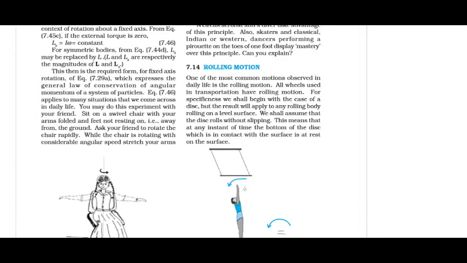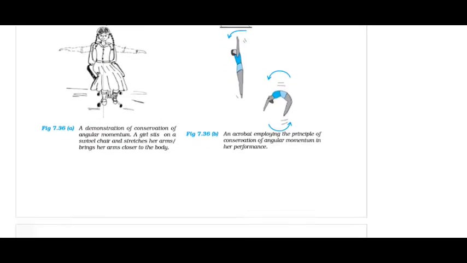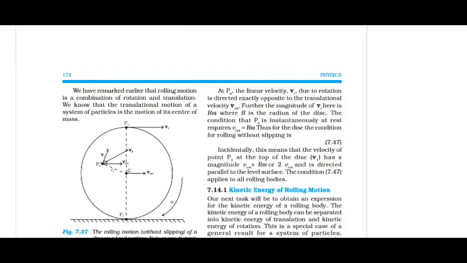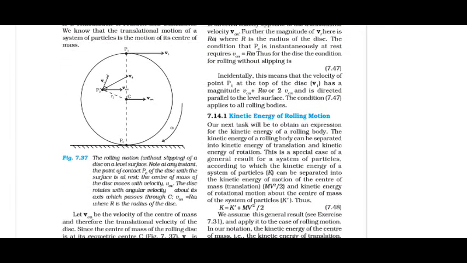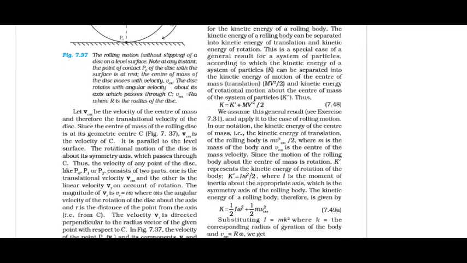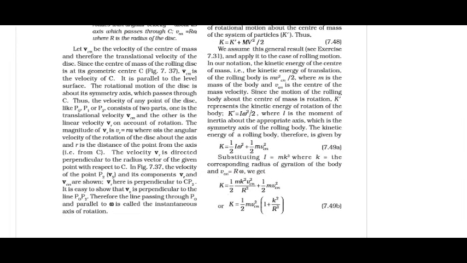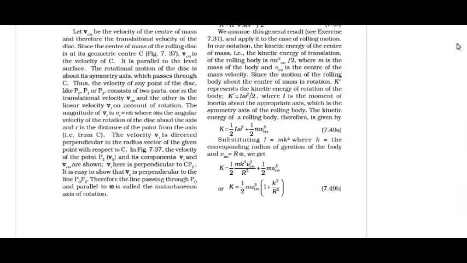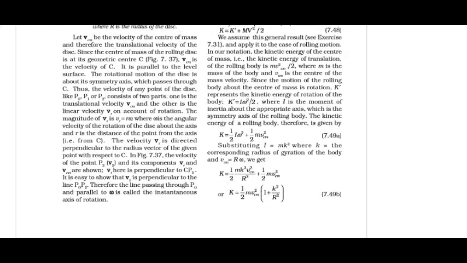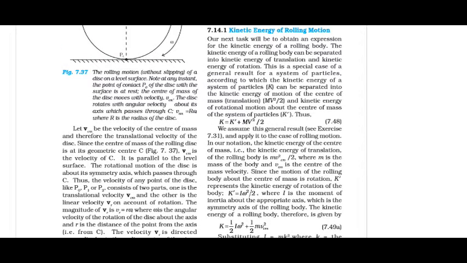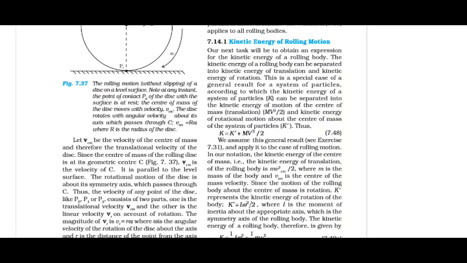Now, rolling motion. A different type of motion is rolling motion. When the object starts rolling, the linear motion converts to angular motion.